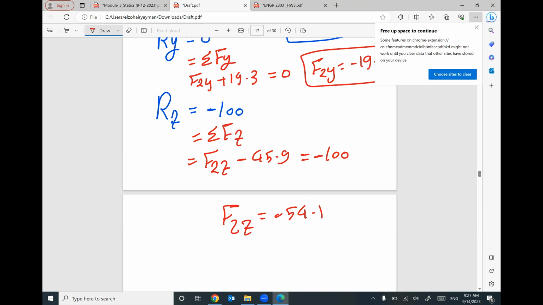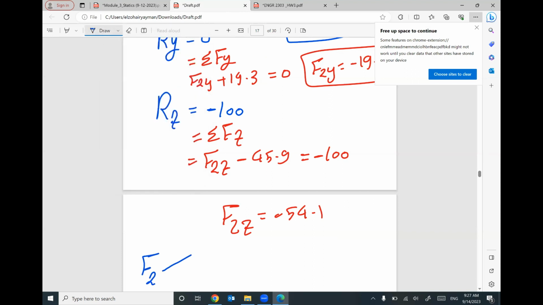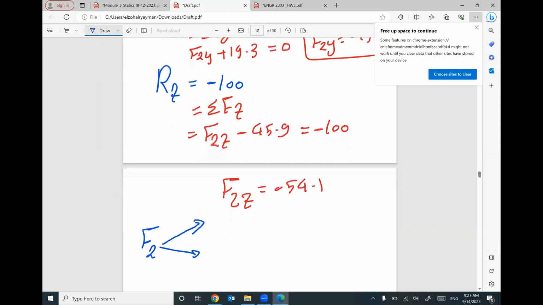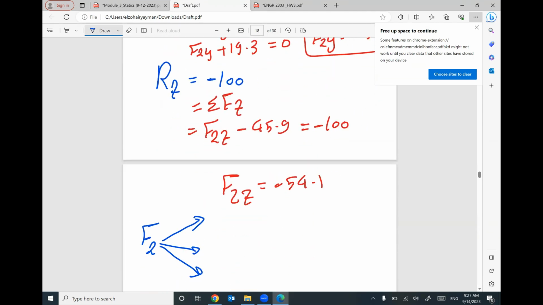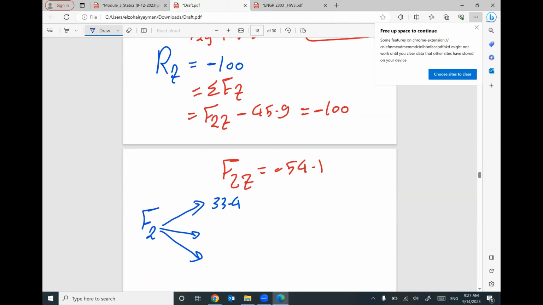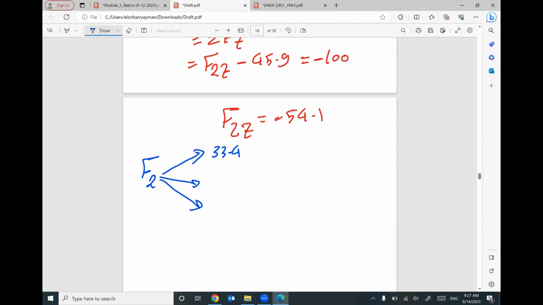So by the end, I can figure out the three components of your force F2. We will have 33.4, negative 19.3, and negative 54.1. These are the three components of your force, Fx, Fy, Fz.